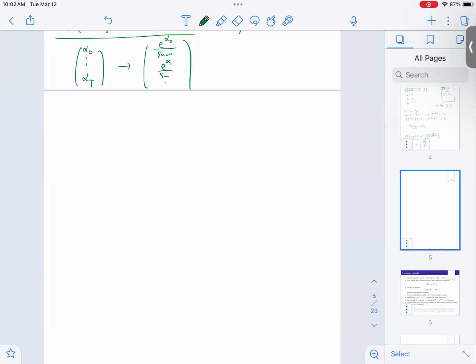Let's say C is equal to 3, and I want to create a probability vector, say 1/2, 1/2, 0. How do I create this? I can apply softmax to any vector you like, for example 5.1, 5.1, and negative infinity.